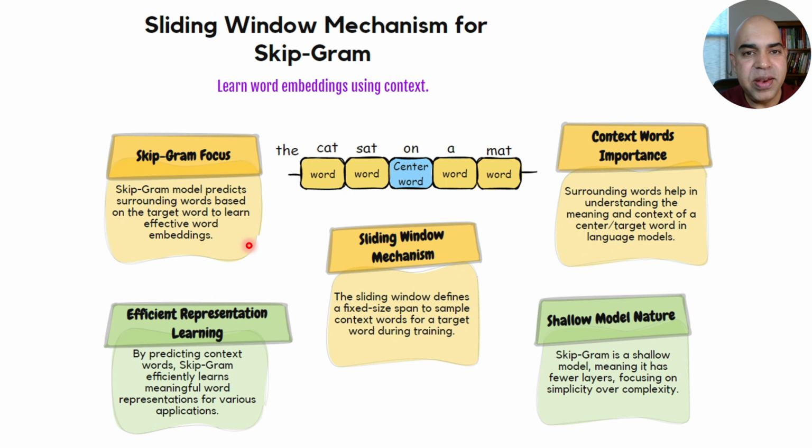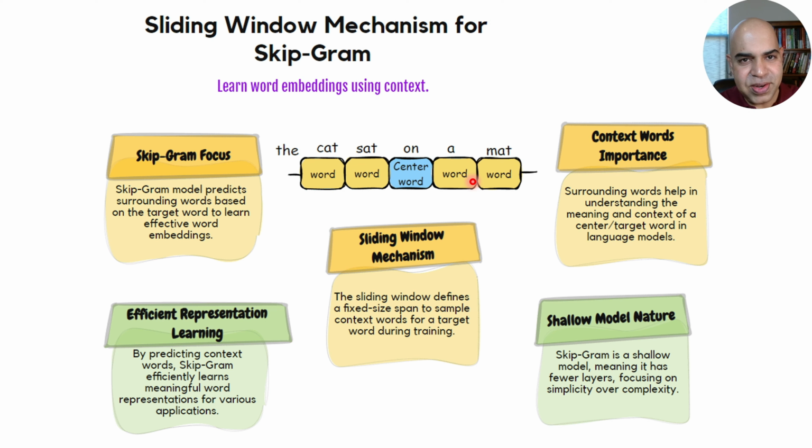I should mention one item in the skipgram model. The target word actually refers to the first word or the word which is in the center, and the context words refer to the words in the vicinity, in the surrounding. For example, if we consider on to be the center word here, the target word, then the next word and the word after that, the word before the center word and the word before that, those words that are marked in yellow, they become the context words.